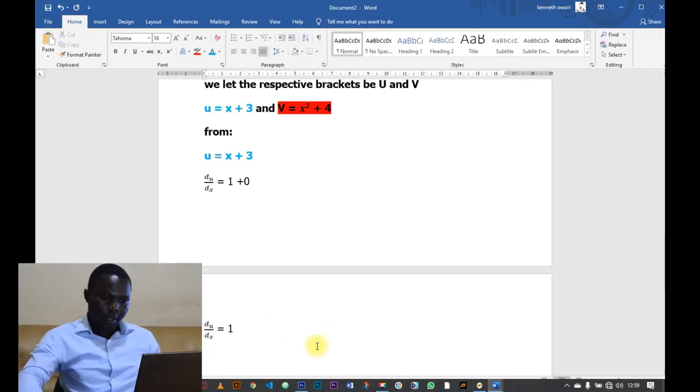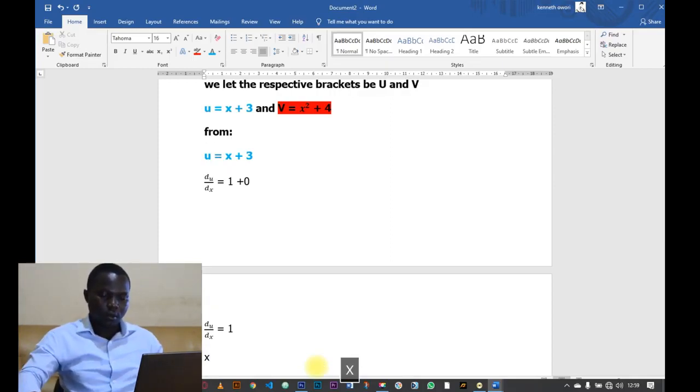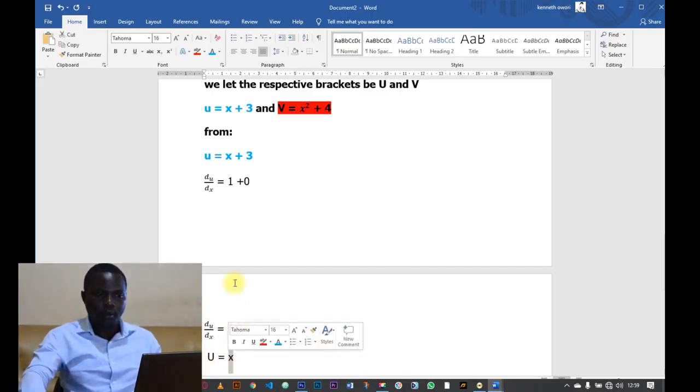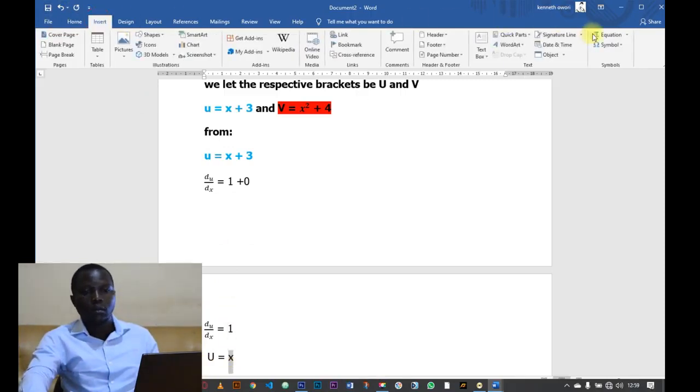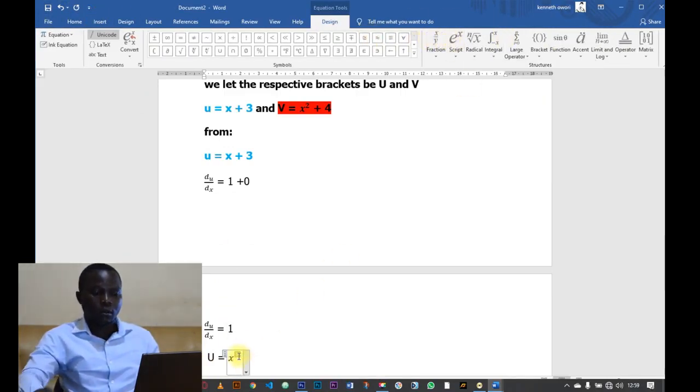Supposing we have x with the power of 1, x power 1. Supposing we have u equaling x power 1, and you're interested in finding the derivative.